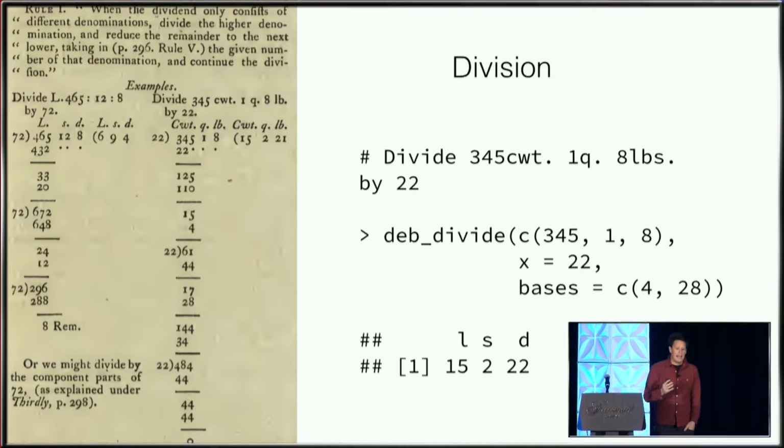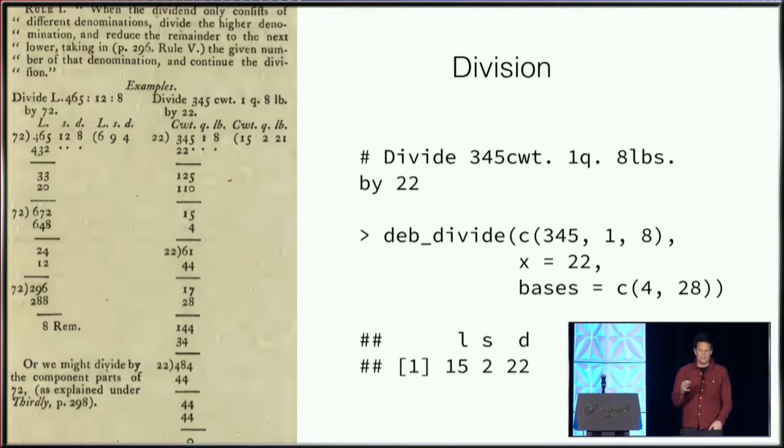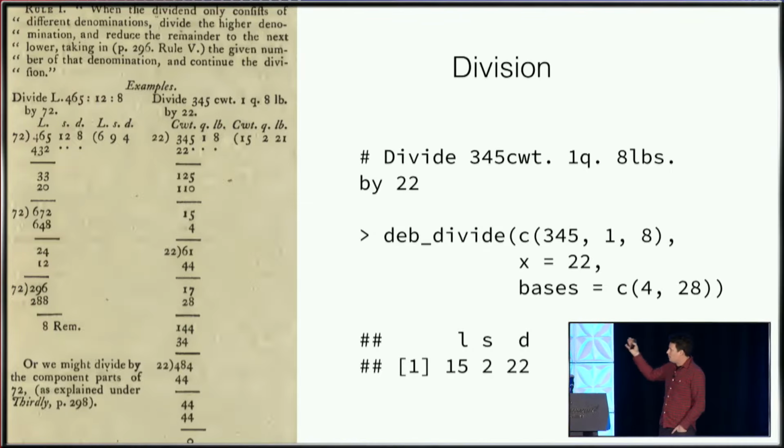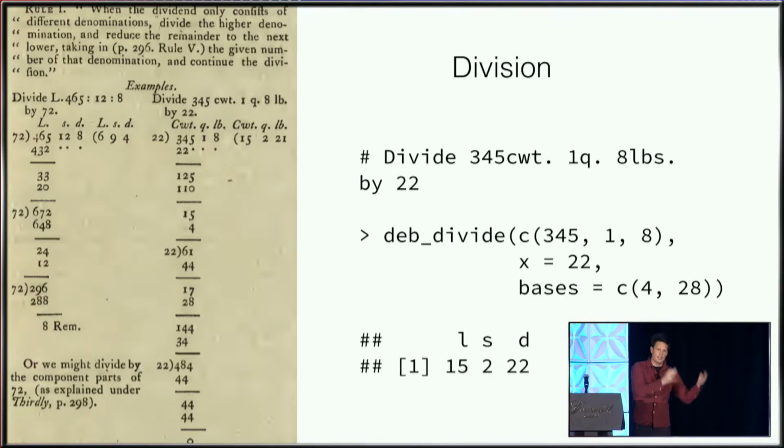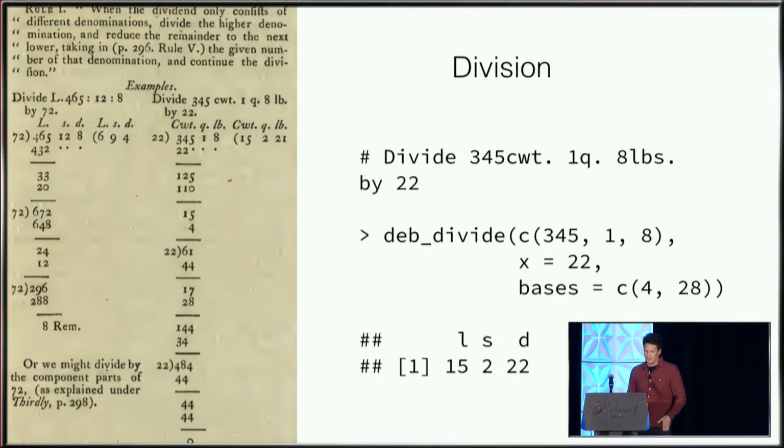And so we have to change our bases, and that's what you see there at the bottom of the third line: the bases are, so a quarter weight is, there are 4 in a hundredweight, and there are 28 pounds in a quarter. I didn't know this either before I looked at this.